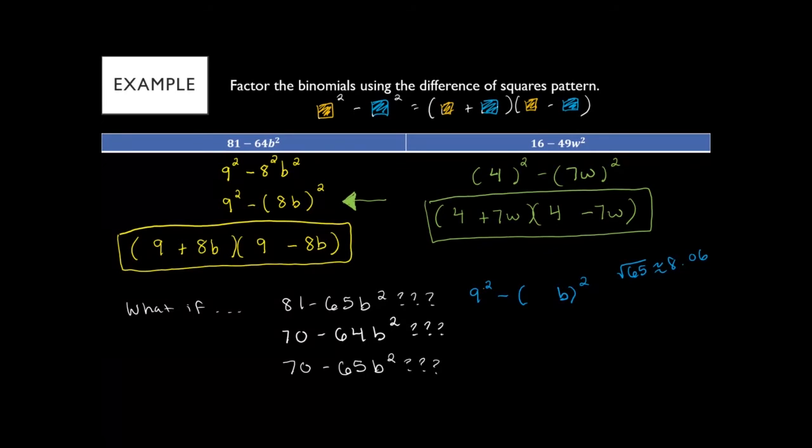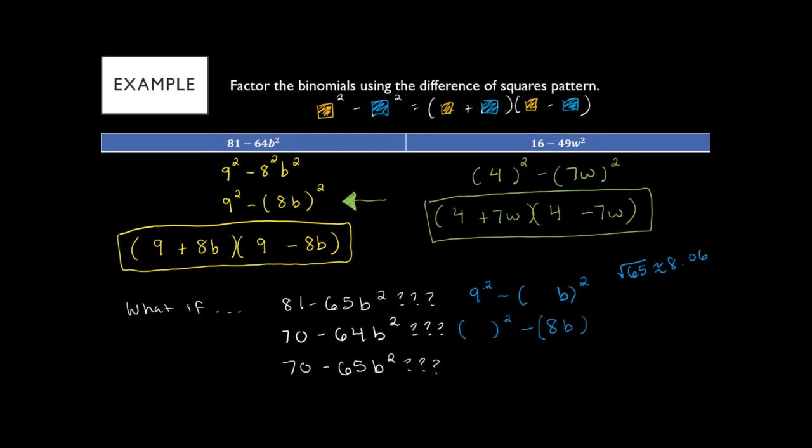If you take a square root of the number and it doesn't give you a whole number, then it's not in this form, because we can't find something squared. We get a decimal when we take the square root. This causes a problem in the 70 minus 64b squared, because when you take the square root of 70, you get a decimal.